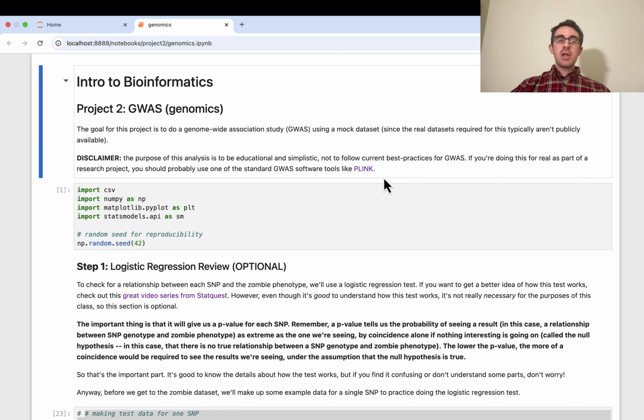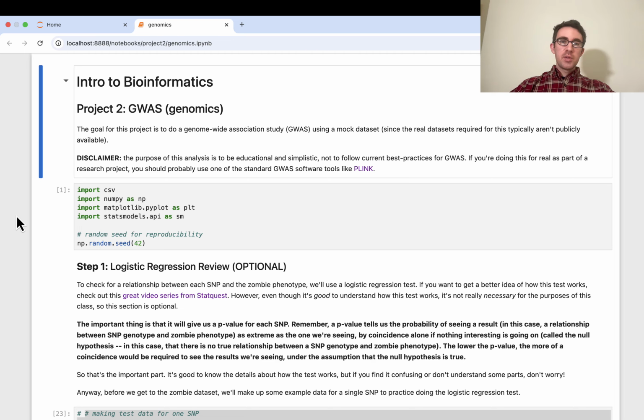So that's why for this educational project, I'm going to show you how to do a simplified version of a GWAS from scratch in Python, so that we can learn how things are actually working.